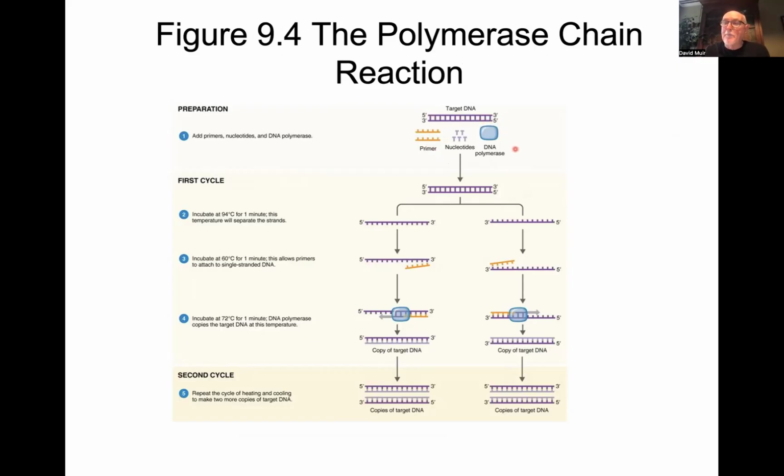Second of all, we need an abundant store of nucleotides because we're going to replicate this target DNA strand over and over again. And of course, the last thing that we need is polymerase. Now, here is a problem, and that is we're actually going to raise the temperature up to about 95.